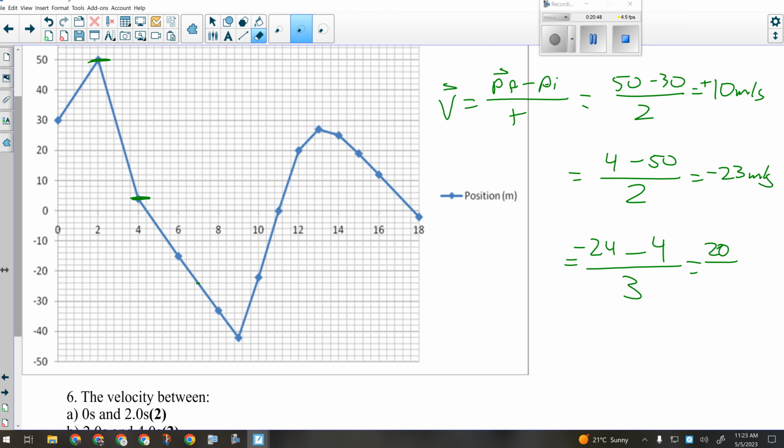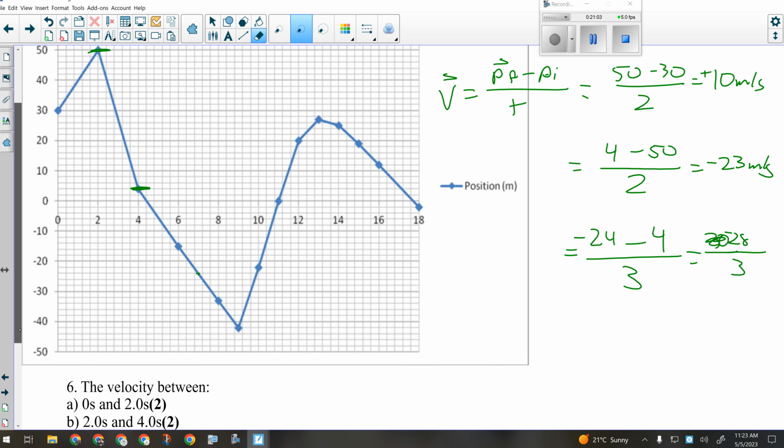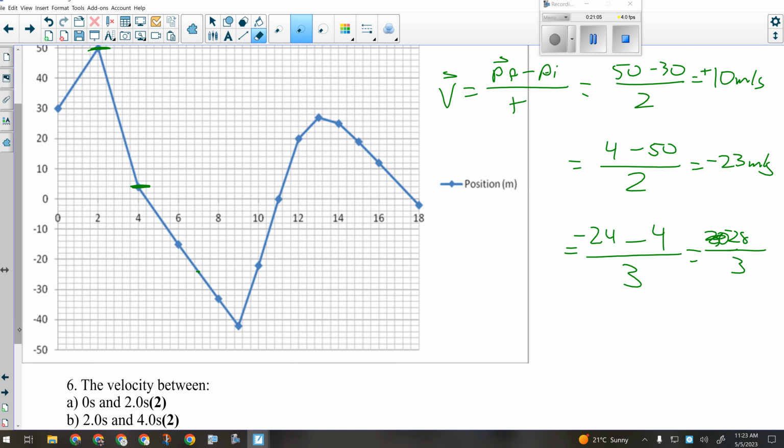Sorry, no, 28 over 3. Negative 28 over 3, and that's going to be 9 point something. Did I misread the graph? It's 9.3? Okay, negative 9.3 meters per second. Is that all making sense?